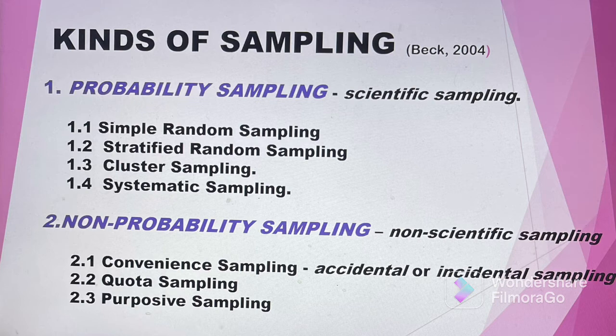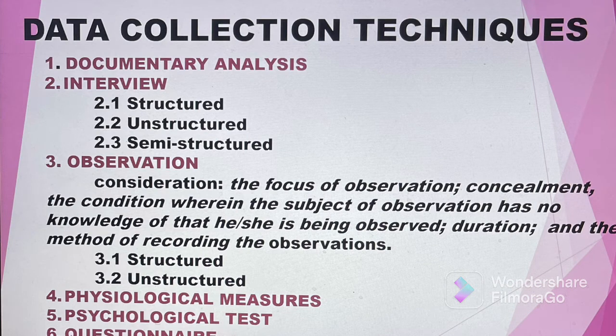So after we have already discussed the participants of the study, we have now the data collection procedures. The most common data collection techniques are the following. We have the documentary analysis as number one. So the documents that are available, say, for example, in the library, when you are conducting historical research, there are documents available, say, in the municipal hall, in different churches.